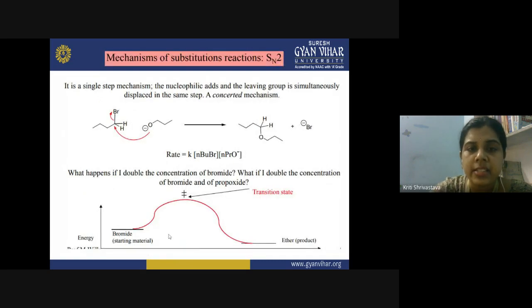And it is a single step mechanism, and the nucleophile adds, and the leaving group is simultaneously displaced in the same step. So you can see the reaction mechanism here.